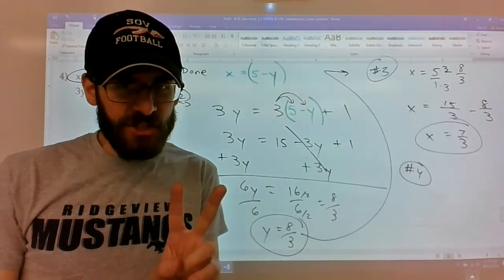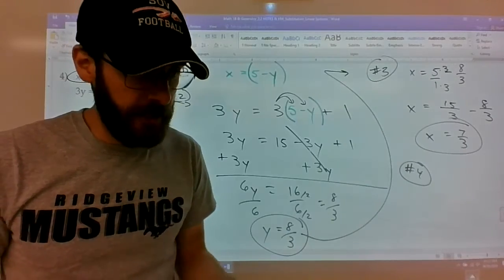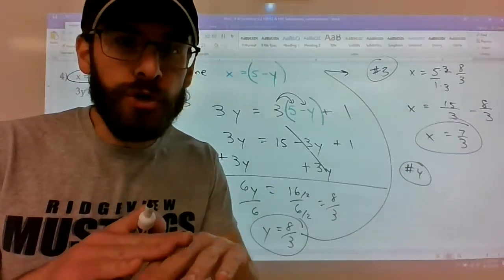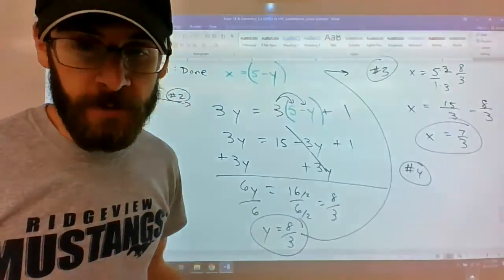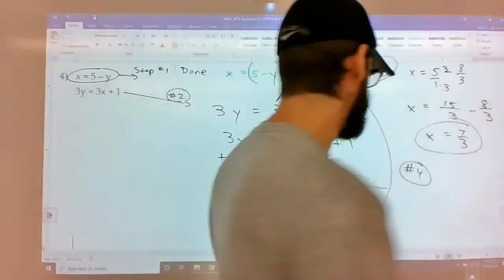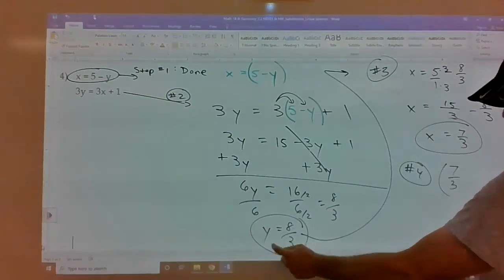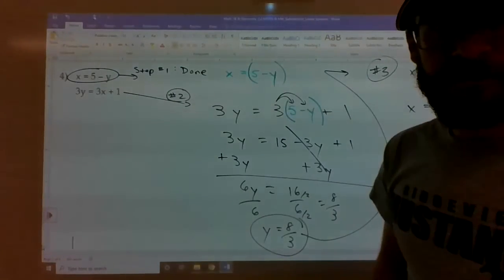The second thing students tend to want to do is that if they see decimals or fractions, they're like, I need to put no solution down. You don't put no solution if you're getting actual number answers. This is just the solution. X is 7/3. Y is 8/3. End of story.